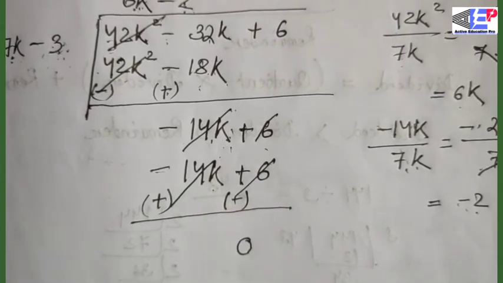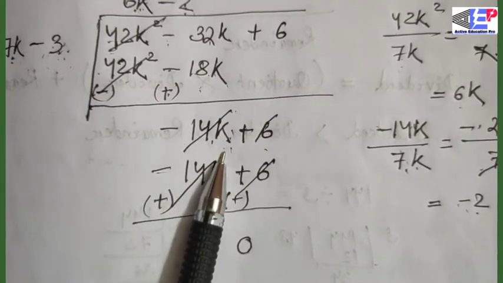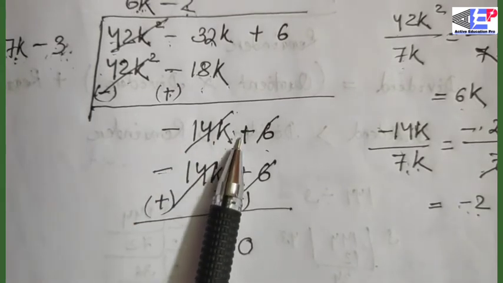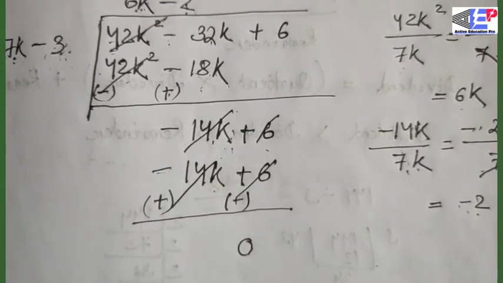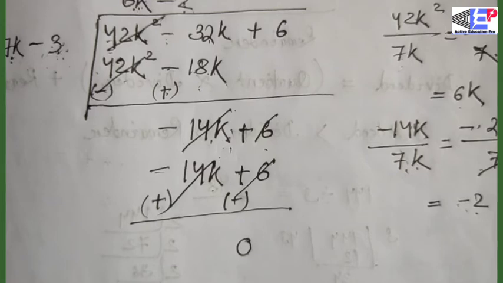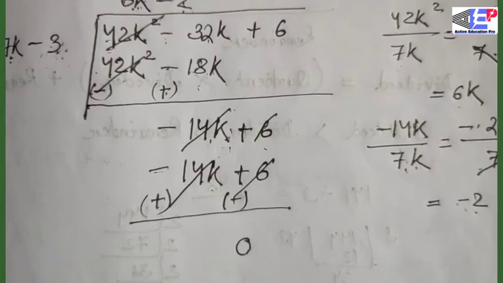If the degree of the divisor is smaller or the same as the degree of the dividend, then we can divide it. Otherwise we can't divide it any more.